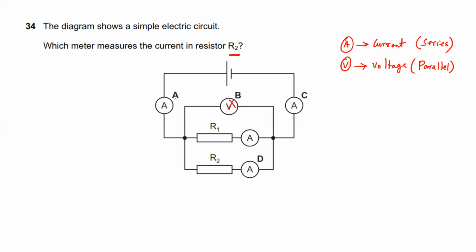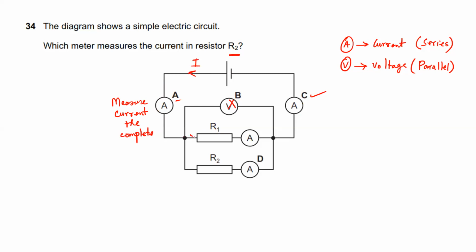This ammeter A measures the current in the complete circuit, so it gives you the value of current flowing in the whole circuit. Similarly, A and C will give the same value of the current I flowing in this whole circuit.